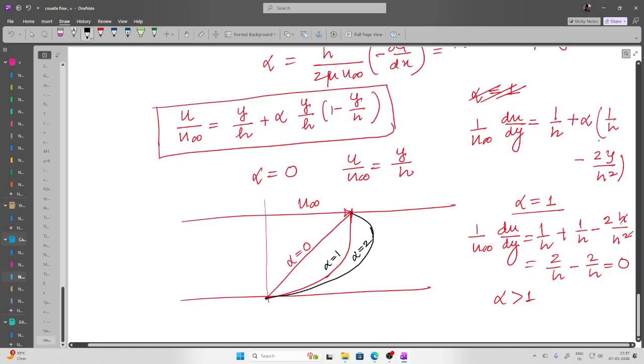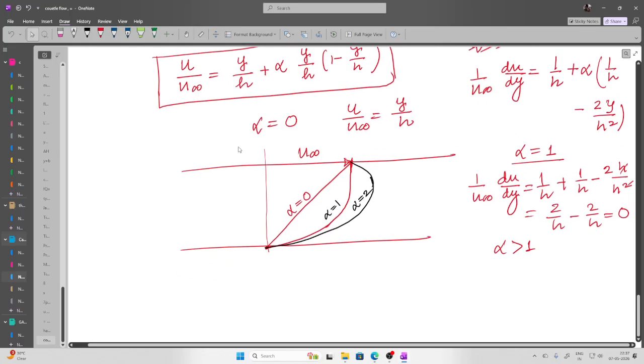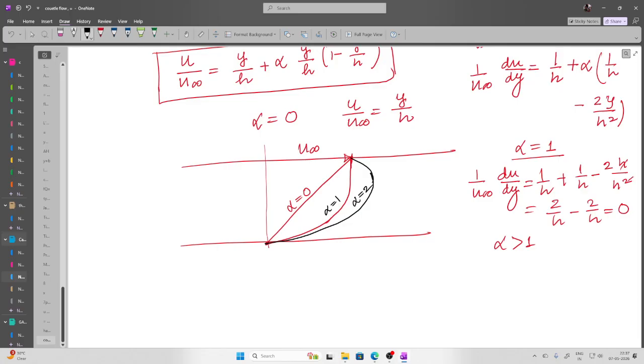Okay. Now, friends, when alpha is equal to minus 1, what will happen? When alpha is equal to minus 1, this will be 1 by u infinity du by dy, and this is 1 by h minus 1 by h plus 2y by h square.